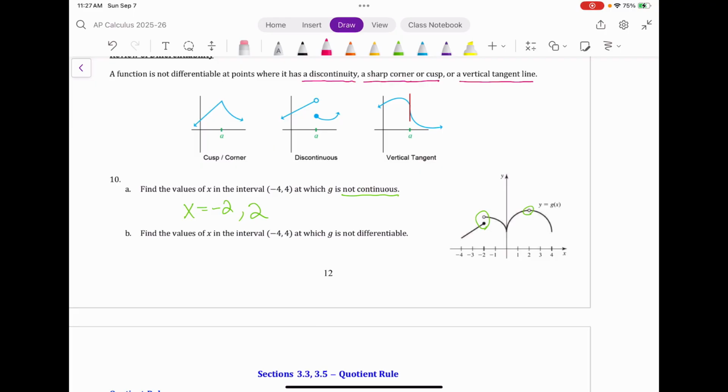Okay, B says, find the values of x on that interval at which g is not differentiable. So wherever something's not continuous, it'll also not be differentiable there. So at x equals -2, 2, and also notice there's this cusp at 0. So the derivative wouldn't exist at 0. So it's not differentiable there.